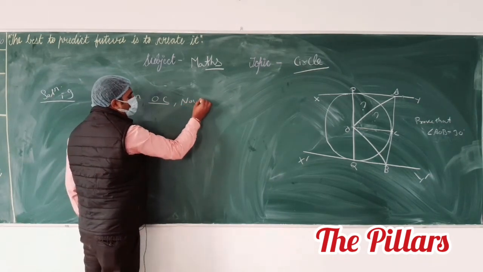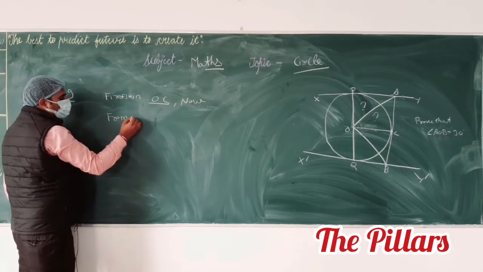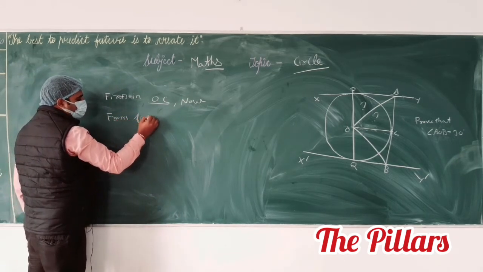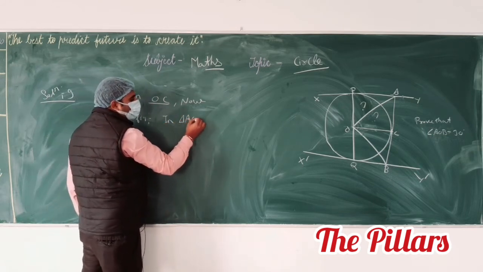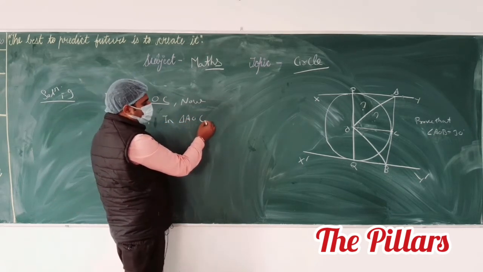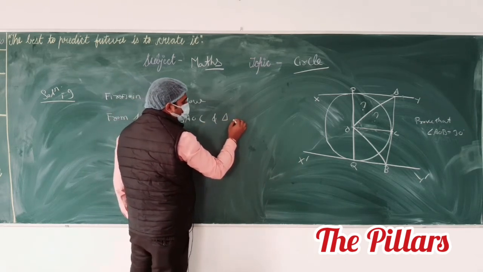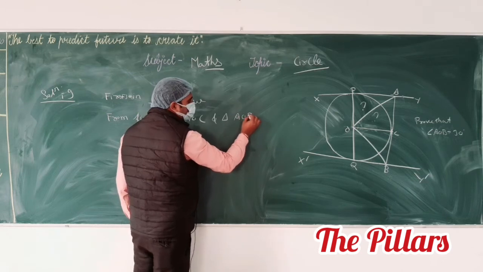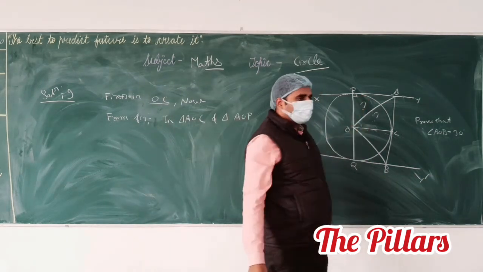Now from the figure, in triangle AOC and in triangle AOP, you see that this is 90 degrees or not?